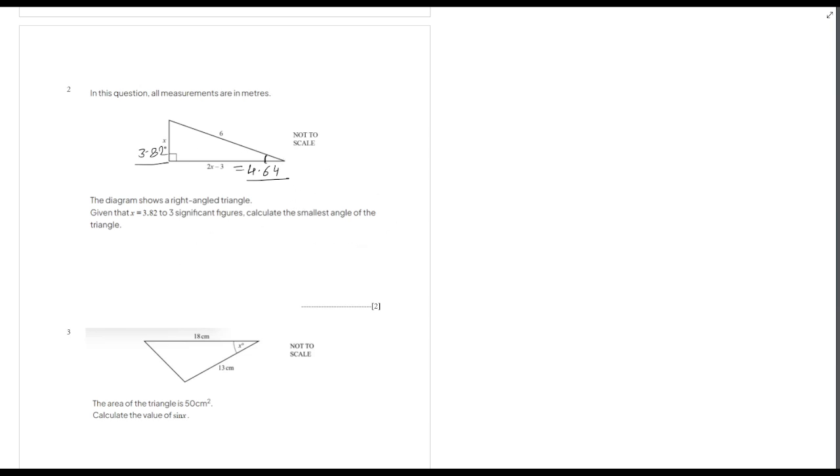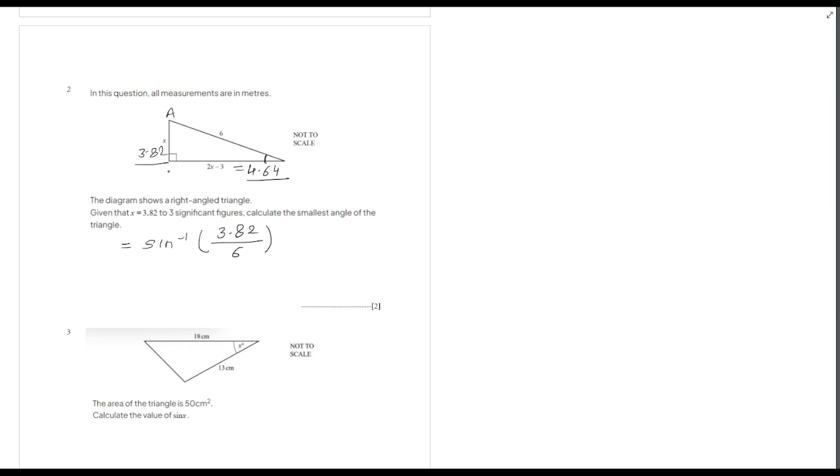Now here, as I know all the three sides, I can use trigonometric ratios, sine, cos or tan. If I apply sine, my angle is equal to sine inverse of 3.82 divided by 6. Your opposite divided by hypotenuse is your sine.